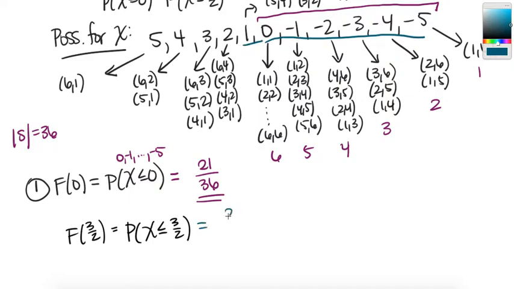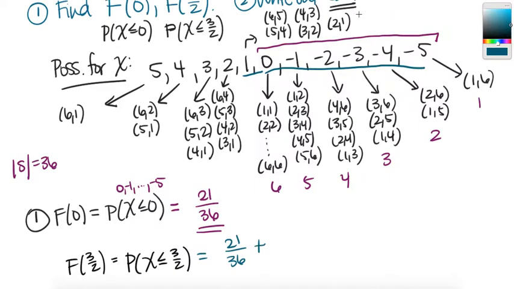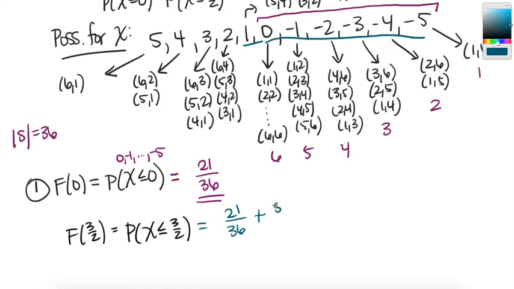So we get the 21 over 36 that we had before, plus the number of options for 1, which was 5 options, so plus an additional 5 over 36, for 26 over 36. Great.